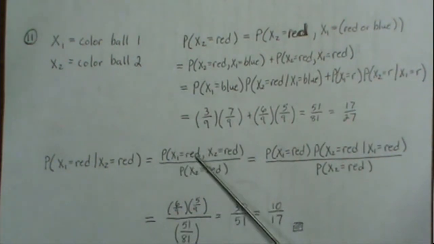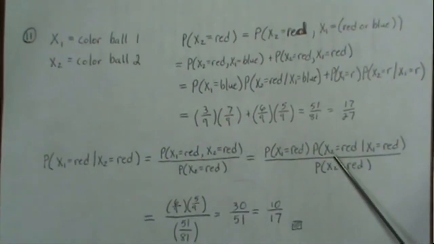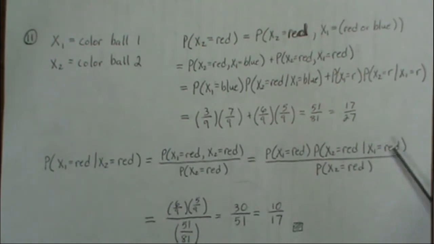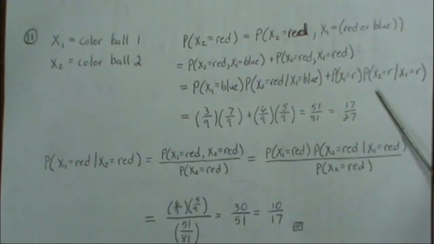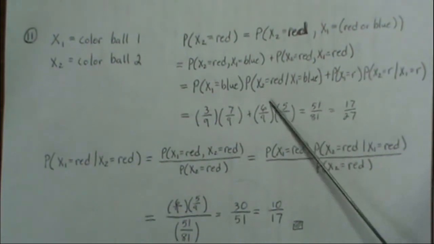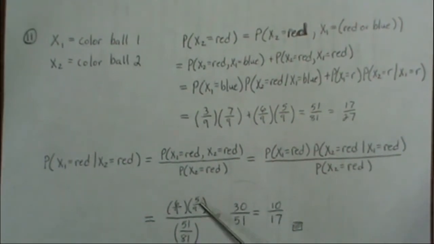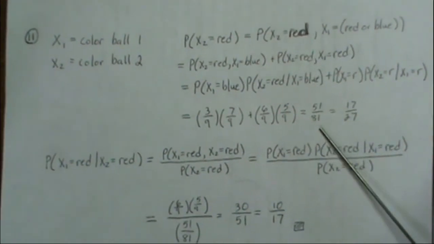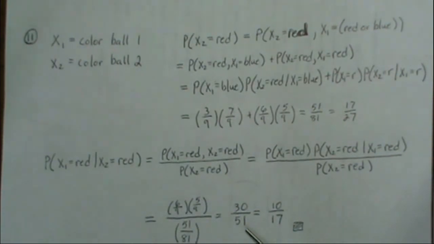Well, this numerator can be rewritten as a conditional: the probability that x1 is red times the probability that x2 is red, conditioned on x1 being red. This numerator is this piece right here, which we said was this. And the probability that x2 is red we just calculated, so that's 51 over 81, which reduces to 30 over 51, which reduces to 10 over 17.